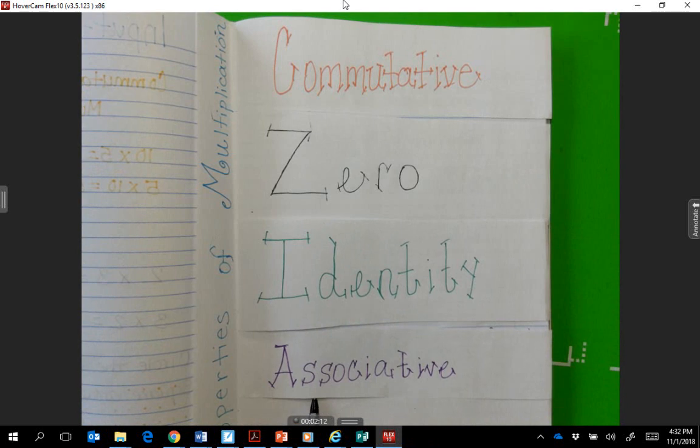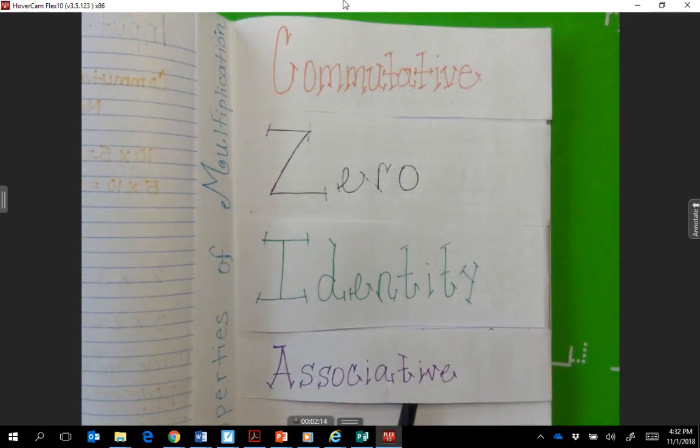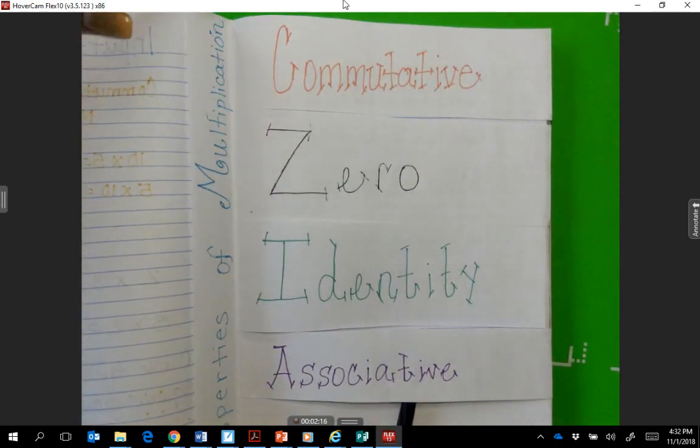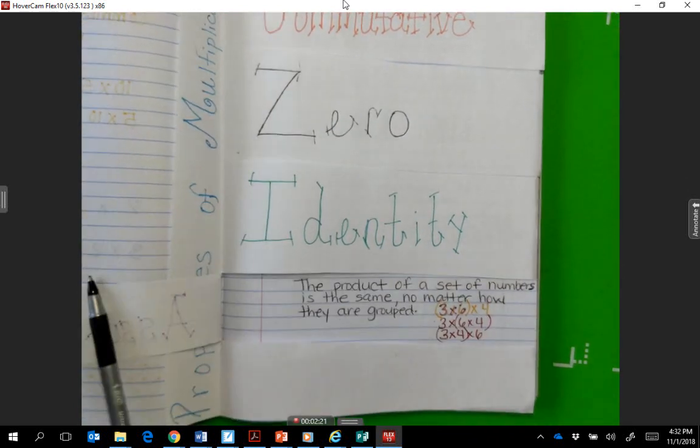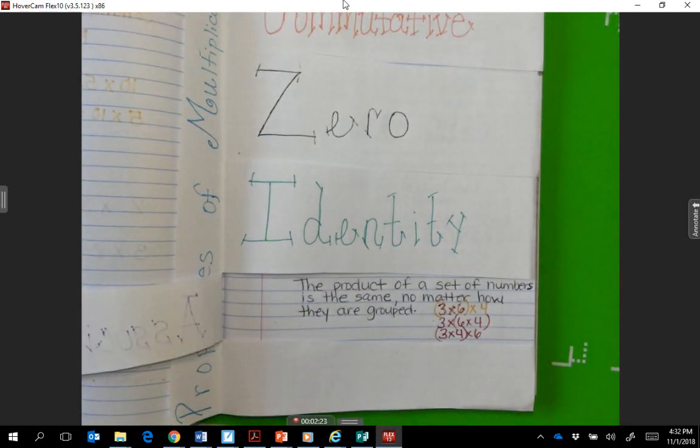And boys and girls, today we're going to talk about the associative property as we were introduced to this in class today. The associative property is the product of a set of numbers is the same no matter how they are grouped. So that means if I have 3 times 6 times 4, I can group 3 times 6 first to solve that and then multiply that by 4.